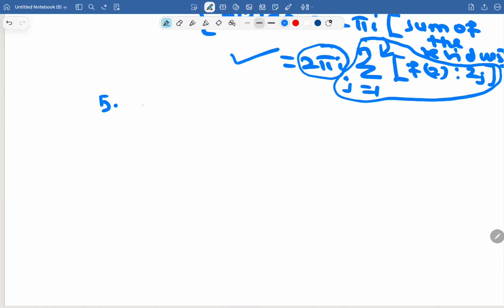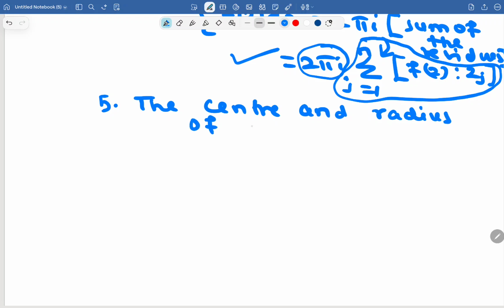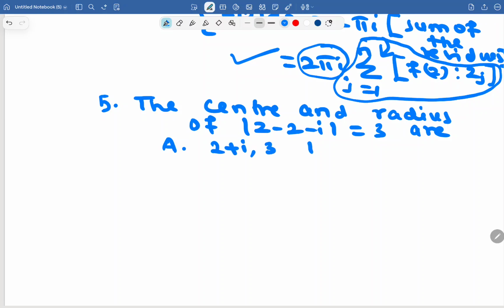Problem number 5: find the center and radius of modulus of z minus 2 minus i, which is equivalent to 3. Option A: 2 plus i, 3.